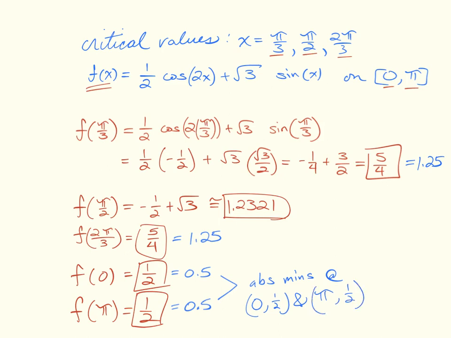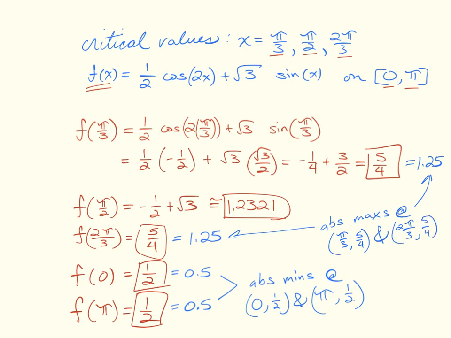As for the absolute maxes, there are 2 of them, again, one here and one here, and they happen at pi over 3, 5/4 and 2 pi over 3, 5/4.